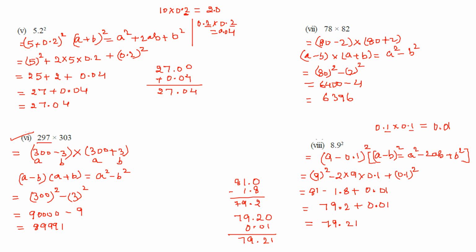Okay, now moving to next question. The ninth question, 10.5 into 9.5. So 10.5 and 9.5 both are near to 10. So it can be written as 10 plus 0.5 into 10 minus 0.5. So now it is in the form of a plus b into a minus b, which will give me a square minus b square.